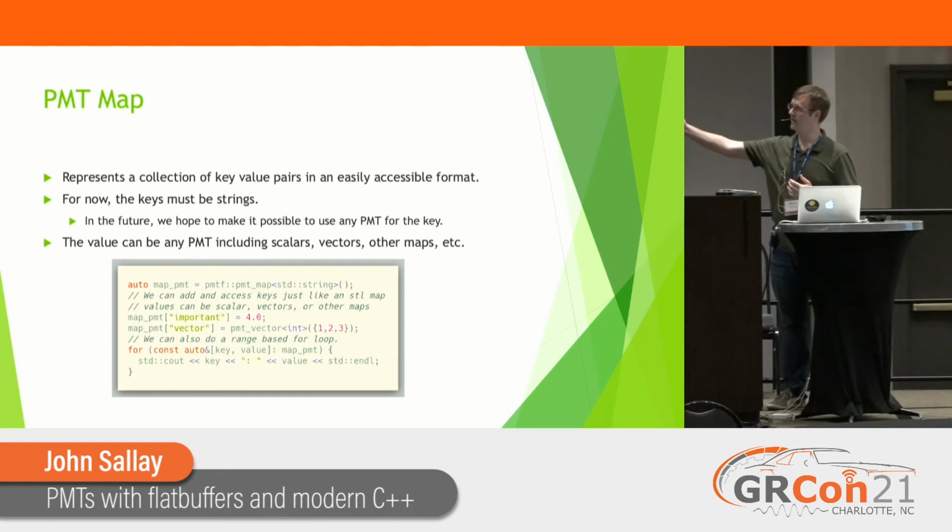For insertion, in the middle here, you don't have to already put something into a PMT to get it into the map. You can take, in this case, the map entry important is equal to a scalar 4.0. It will automatically convert that to the right kind of PMT and put it into the map. You can also put PMTs in there. You can use range-based for loops. And again, the goal is that this feels just like you're using a standard template library map, but you can put any type of data that we can store in a PMT in there.